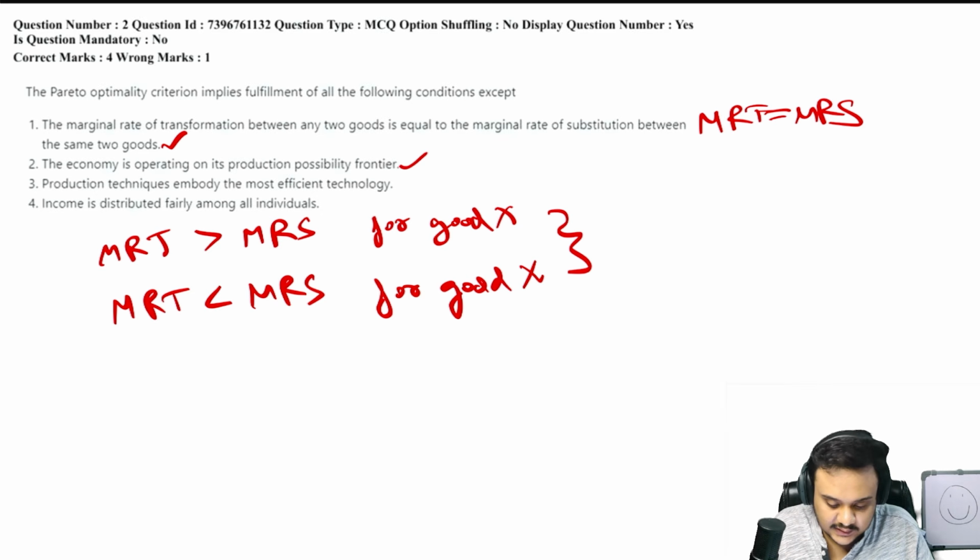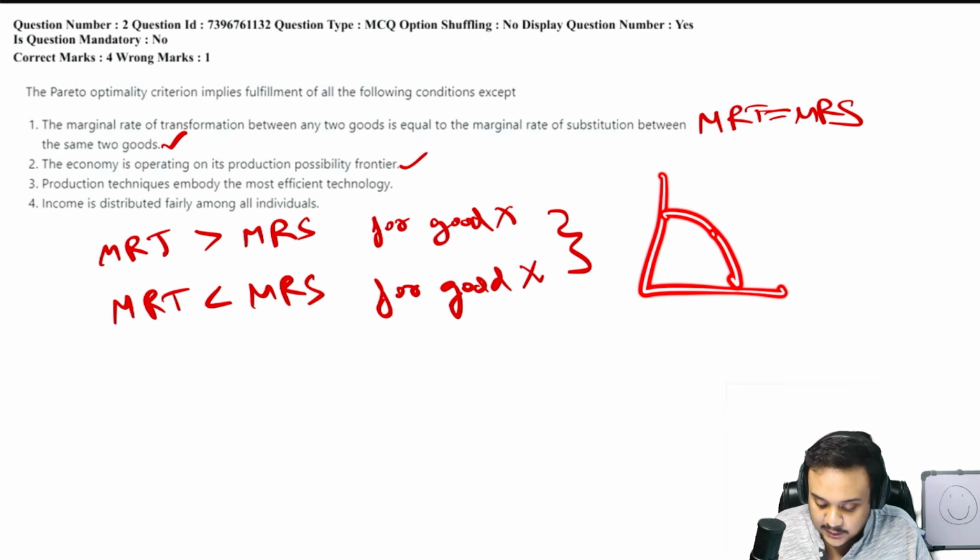The third one just says that the production techniques embody the most efficient technology. Yes, that means that let us say you are producing wheat, and you have a much more optimal way of producing wheat, but you are not using that. You are using a suboptimal method to produce the wheat. Then are you on the PPF?